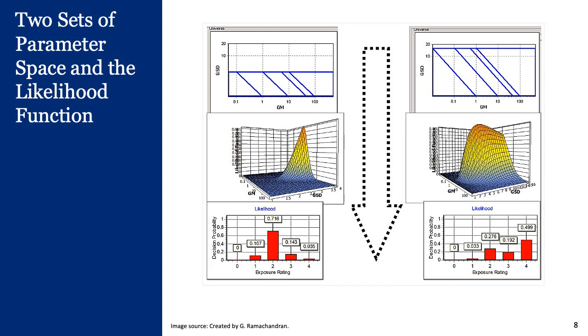So what this is telling us is that the default parameter space may not always be the correct one. And we always need to check the traditional statistics page and make sure that the sample GSD is well within our parameter space. So why is this a category 4 exposure and not a category 2 exposure?